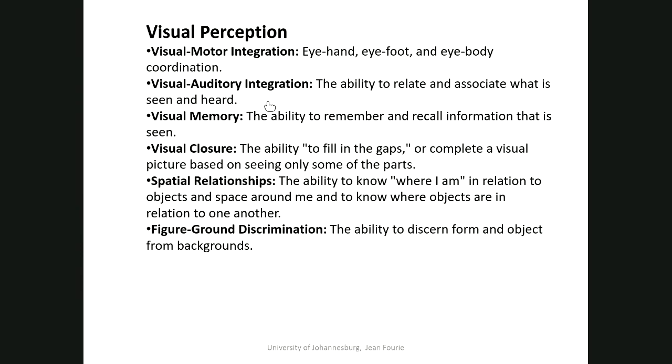So we also have visual auditory integration, the ability to relate and associate what is seen and what is heard. So when you hear a sound, your ears are also doing this cueing thing of figuring out where the sound comes from, but the eyes are also thinking about the auditory. So there is an integration between your eyes and your ears.